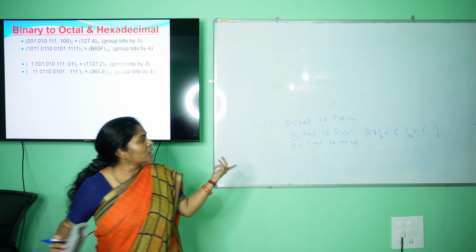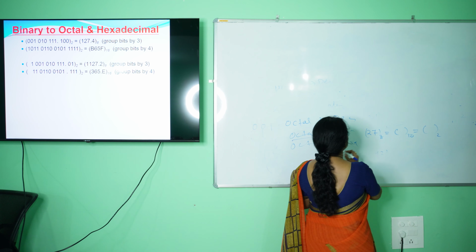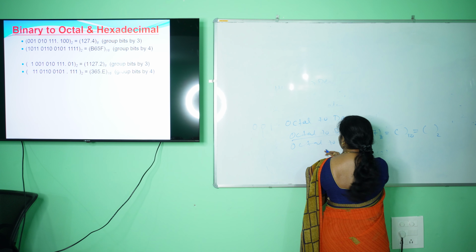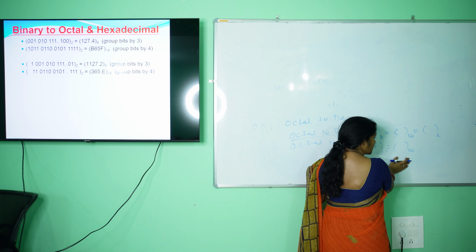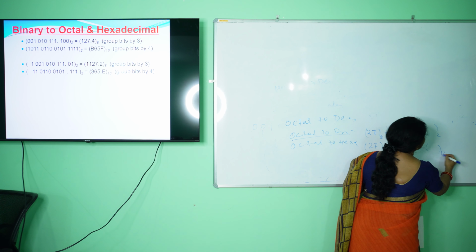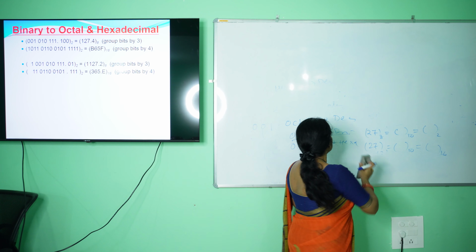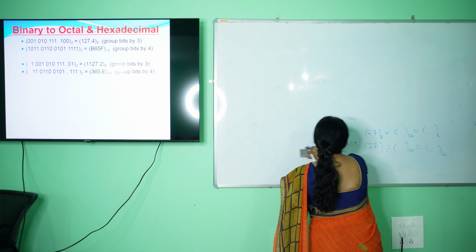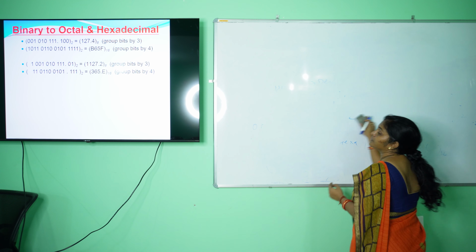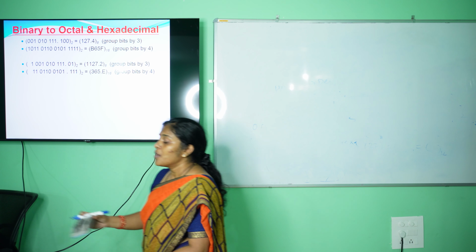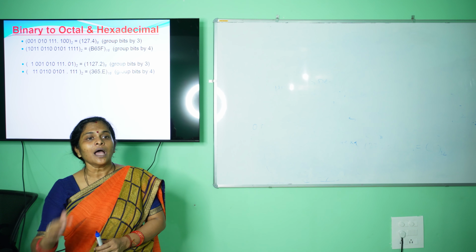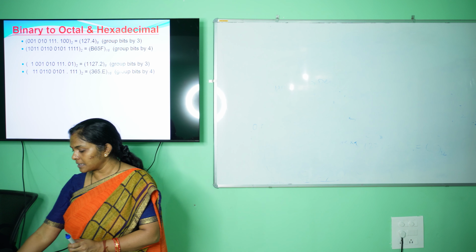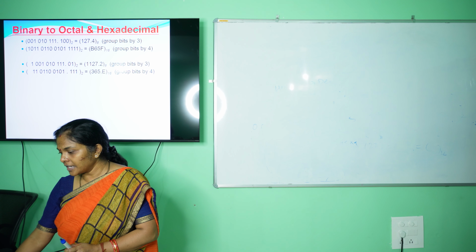Similarly, for octal to hexa, first you convert octal to decimal, and after knowing the decimal answer, you convert it to hexa. That's why binary and decimal conversion is very, very important. Once you do the conversion for decimal and binary, the other octal and hexadecimal number systems can be converted automatically.